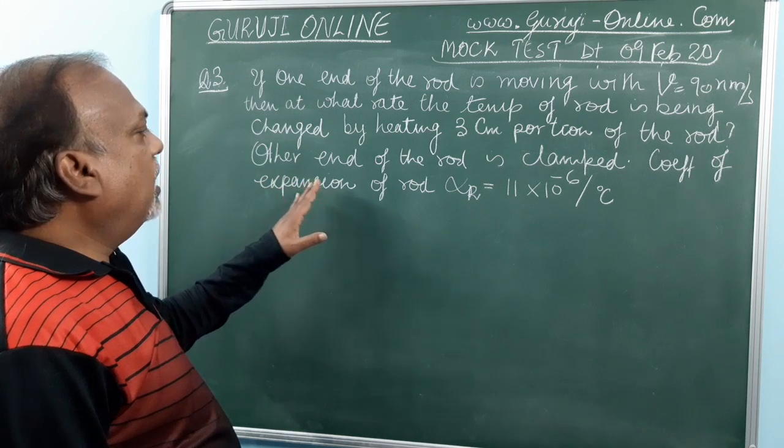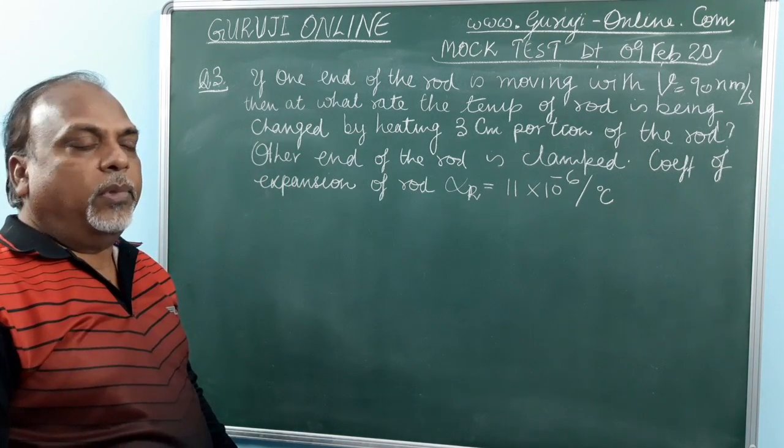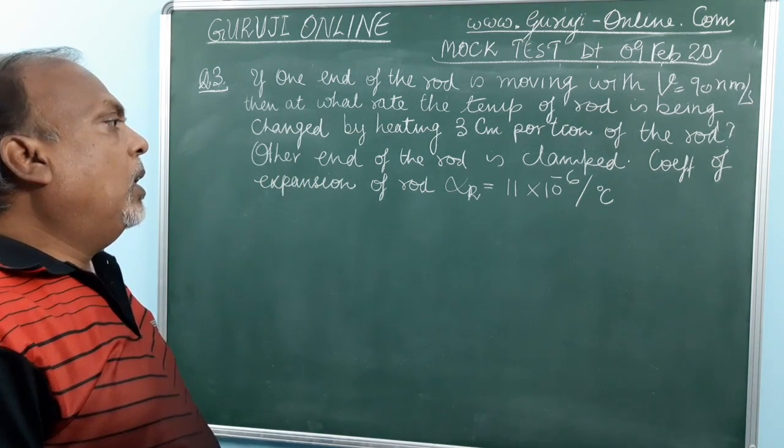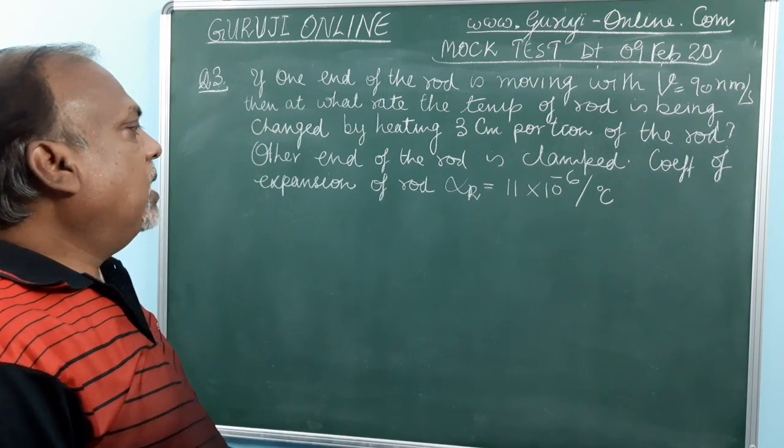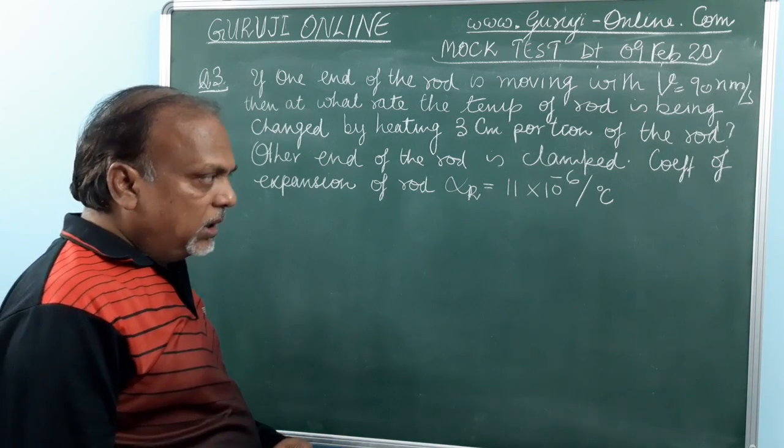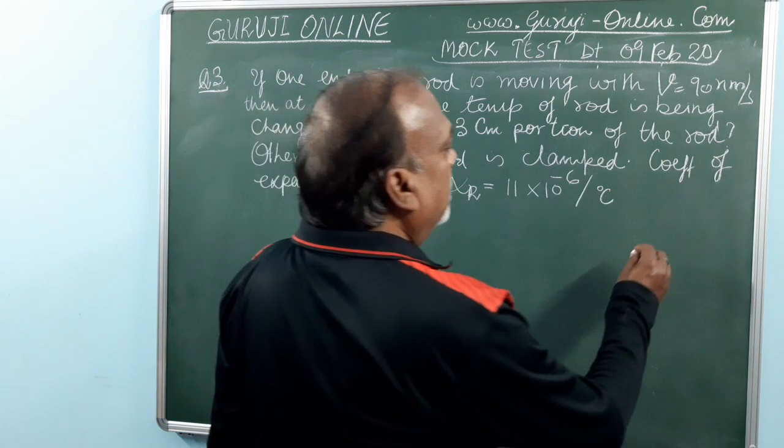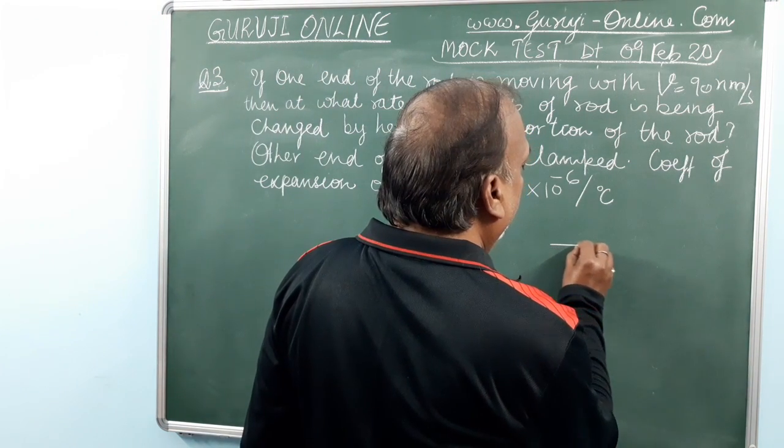The condition is given that the other end of the rod is clamped, and the coefficient of expansion is also given. So in this problem, basically one rod is there.